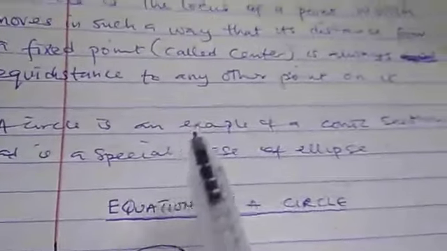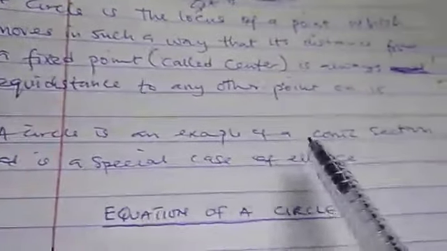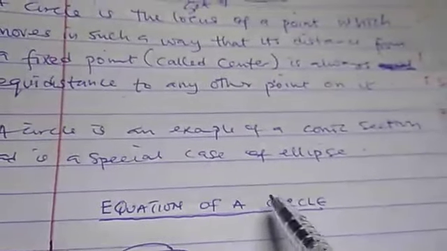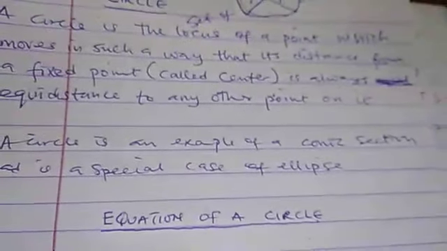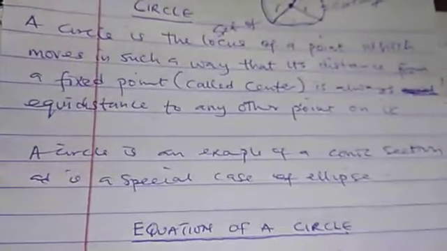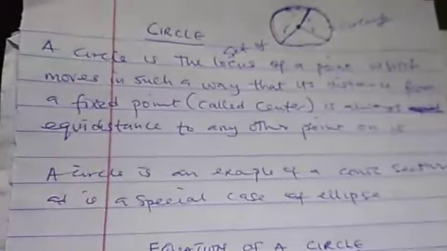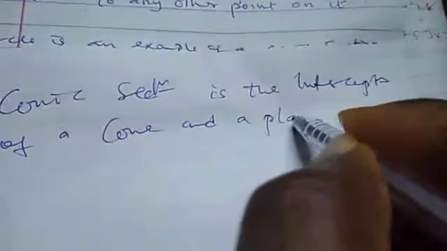Now, we say that a circle is an example of a conic section, and it's a special case of ellipse. What do they mean by a conic section? If they say conic section, we simply say that conic section is the intersection of a cone and a plane.